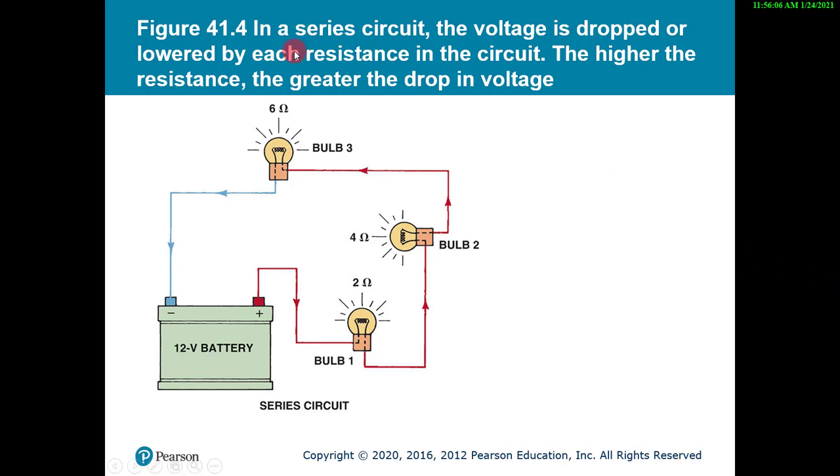So out of these three resistors or resistances, these bulbs, bulb 1 has a 2 ohm resistor in it, bulb 2 has a 4 ohm resistor in it, bulb 3 has a 6 ohm resistor in it. So now that we've established in diagram 41.4 a 2, 4, and 6 ohm resistor with a 12 volt battery applying the voltage, let's run through the math to determine how to calculate the voltage drops per bulb.